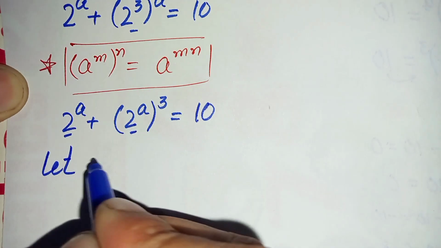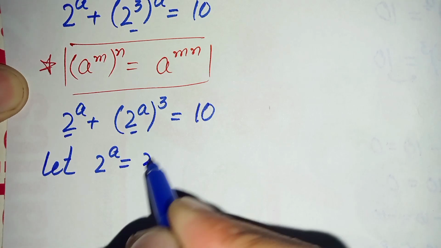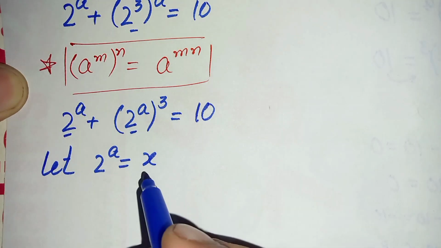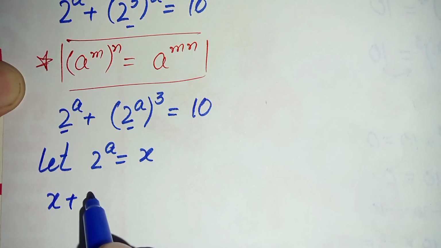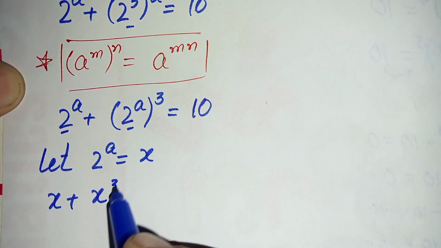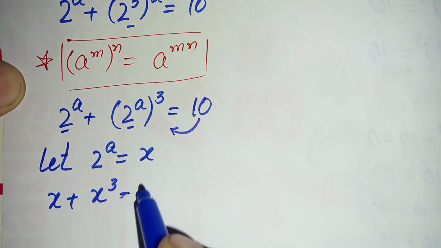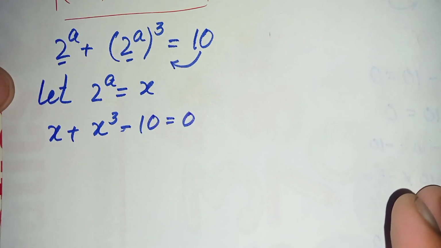Let us suppose this 2 raised to power a is equal to x. So next we will replace these two bases 2 raised to power a with x. So this will become x plus x cube, and here we move this 10 into the left hand side, so it will become minus 10 is equal to 0.